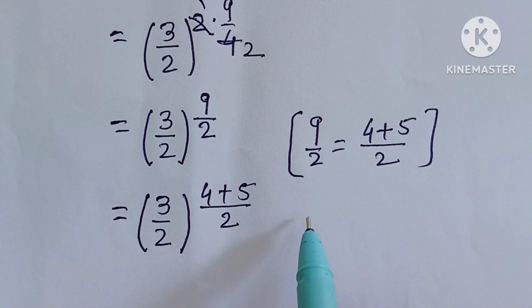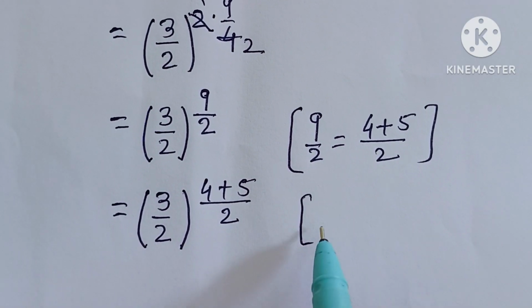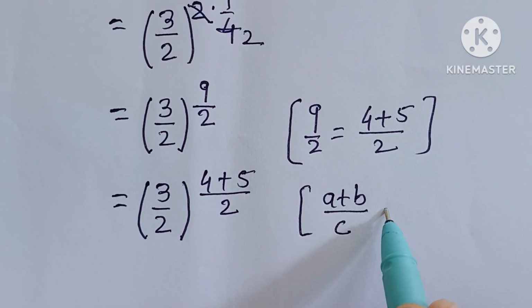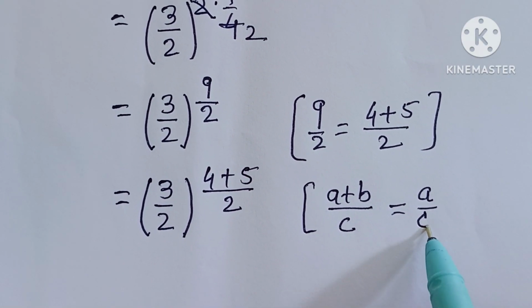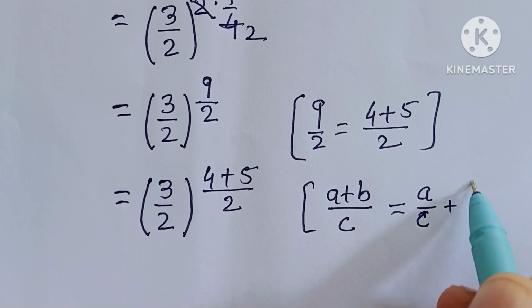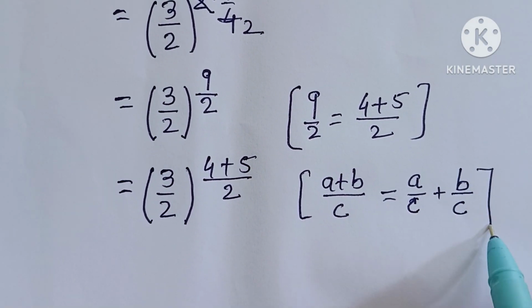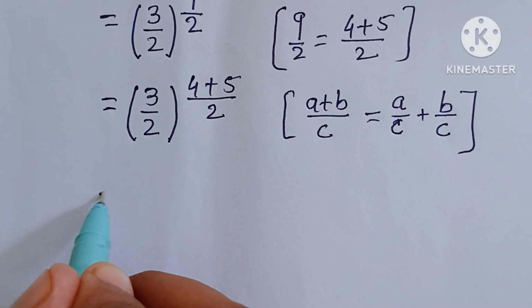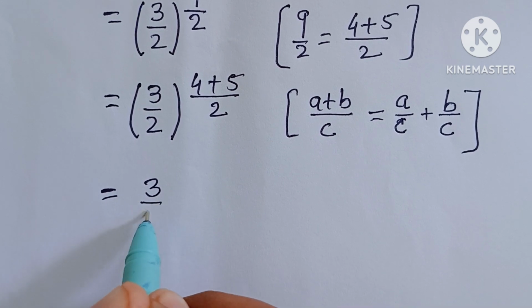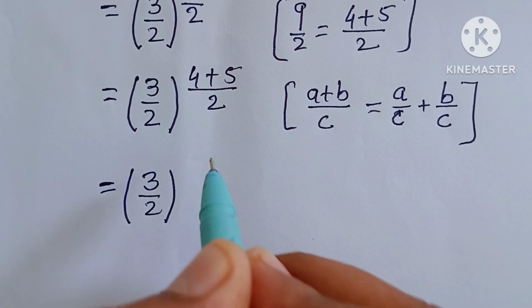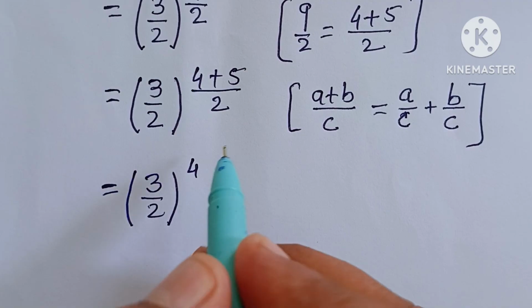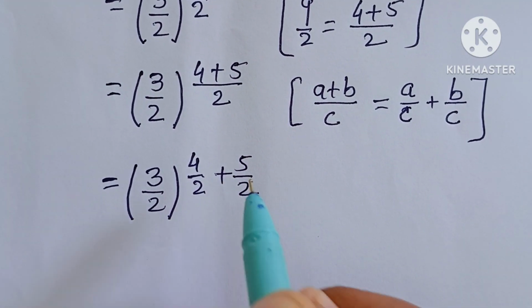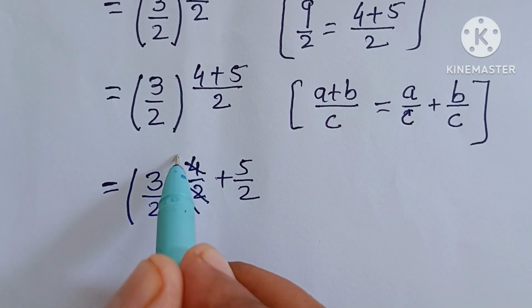Then we can write here (a plus b) divided by c equals a by c plus b by c. Now we can write here (3/2) raised to the power 4/2 plus 5/2. 2 ones are 2, 2 twos are 4.